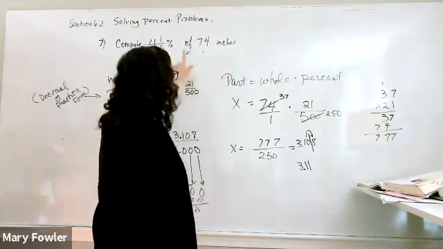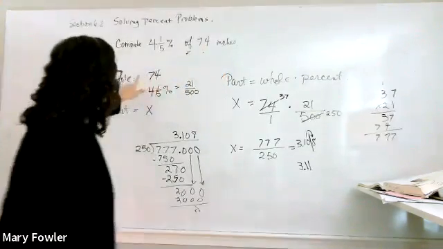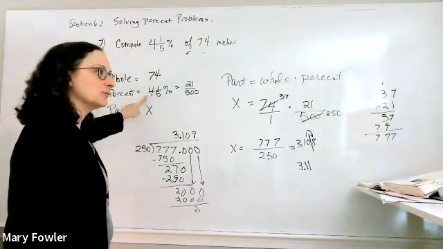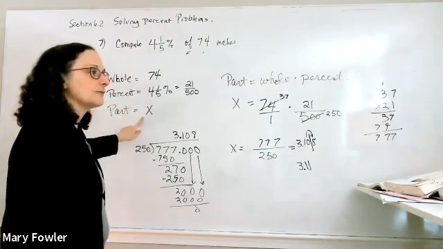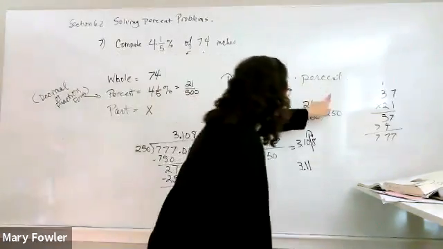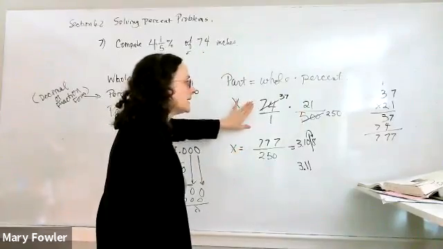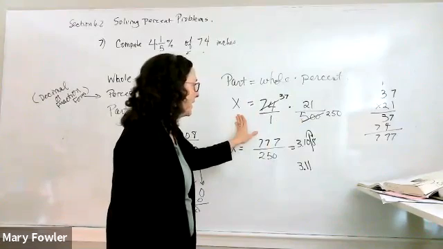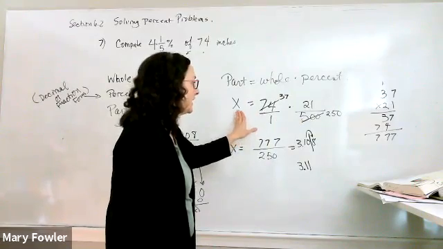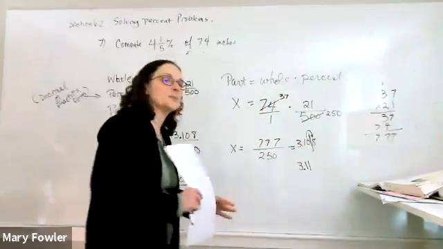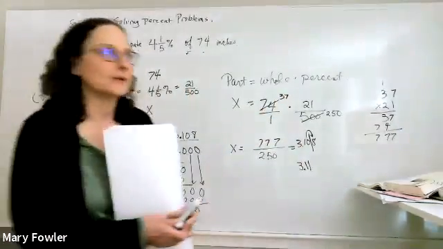And so we know 74 inches is the whole, 4 1/5 is the percent that I'm seeking, and I'm asking to find that part. Part equals whole times percent. And really, all we did was multiply to get x, and then we had to convert it into decimal form because we needed to round it. Okay.